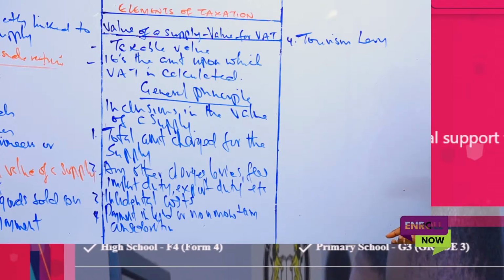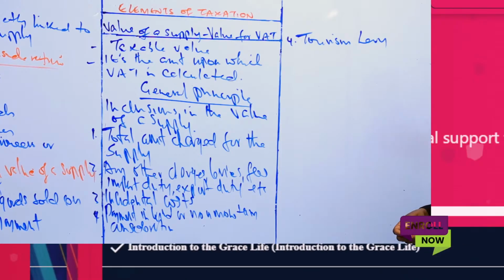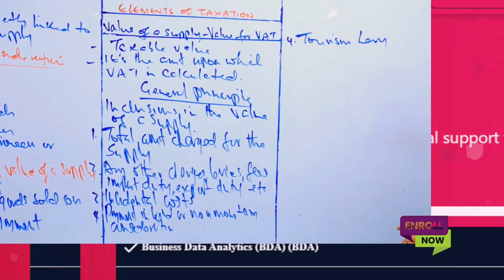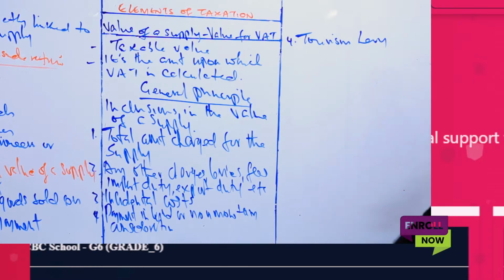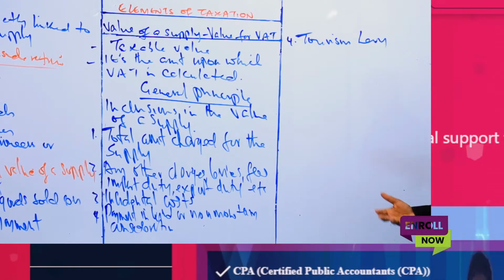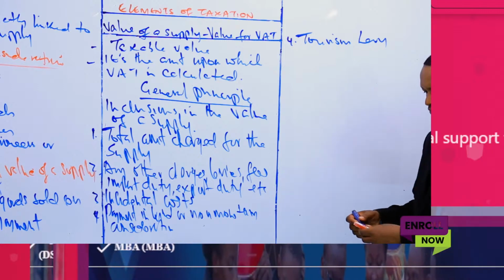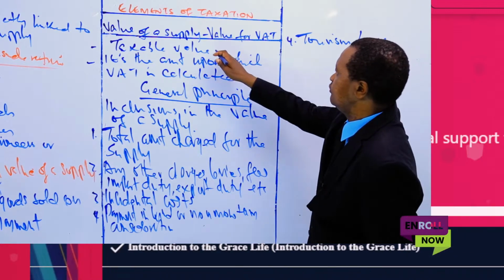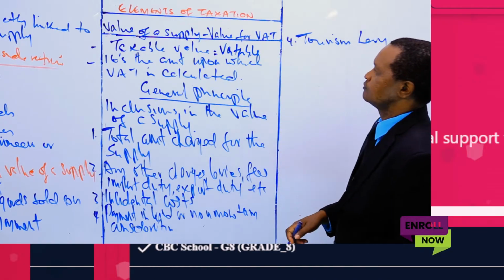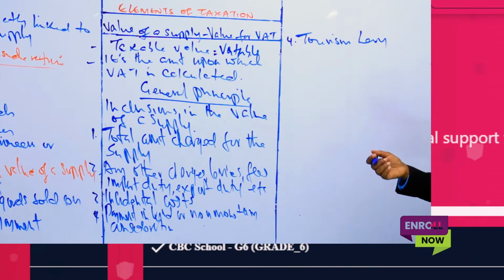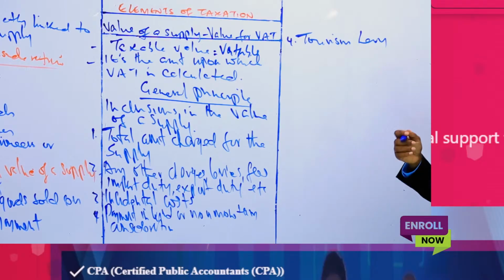It is a separate levy and it's not included in the value of a supply, in other words, in the vatable value. The taxable value for VAT purposes is also known as the vatable value. Taxable value, value of a supply, vatable value is the same thing, and tourism levy is not part of it.